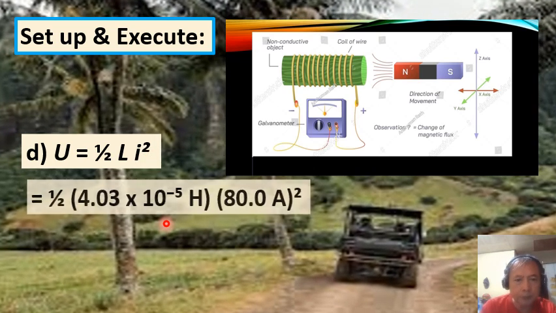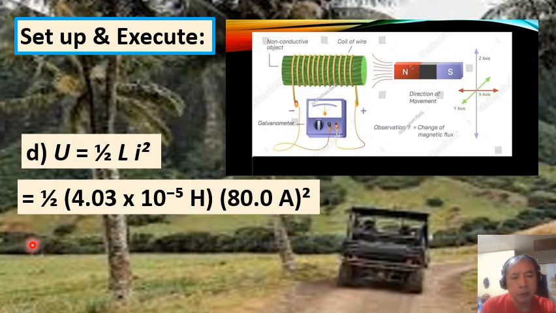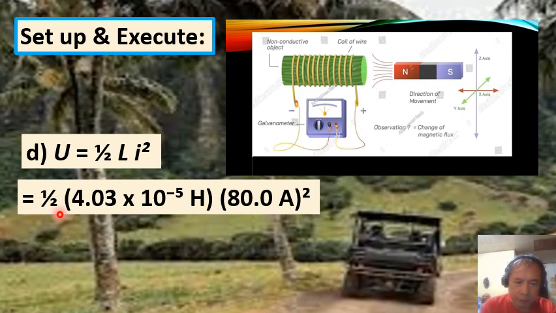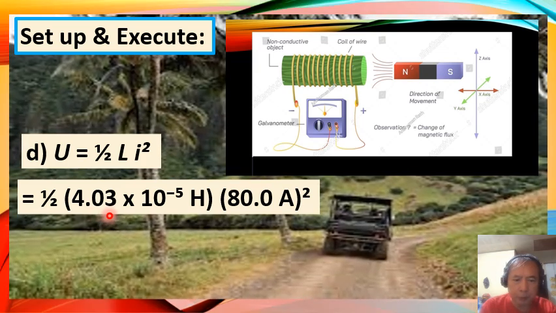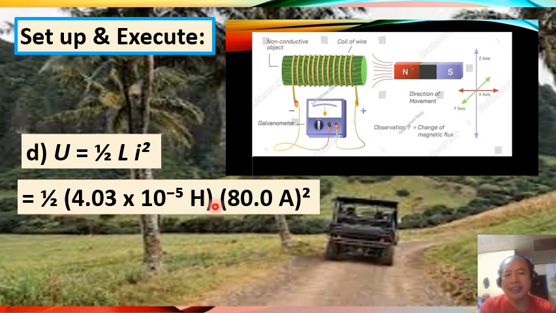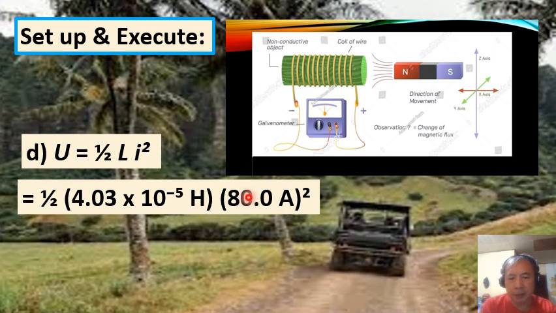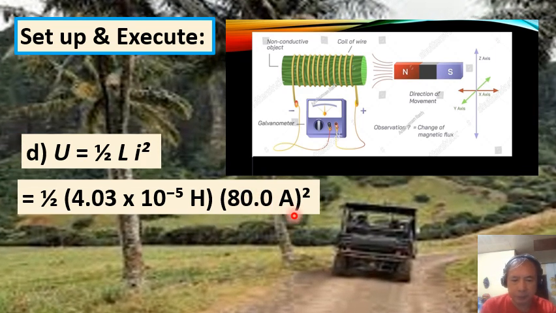That is, the total energy, capital U, is equal to 1/2 times 4.03 times 10 to the negative 5 Henry, multiplied by the square of the current, 80.0 amperes.